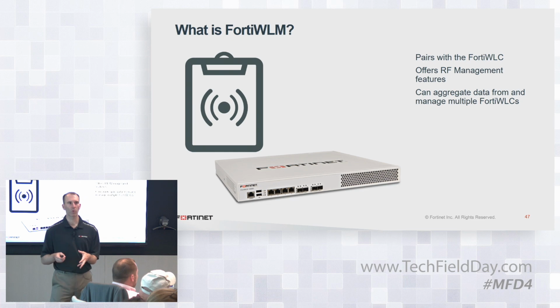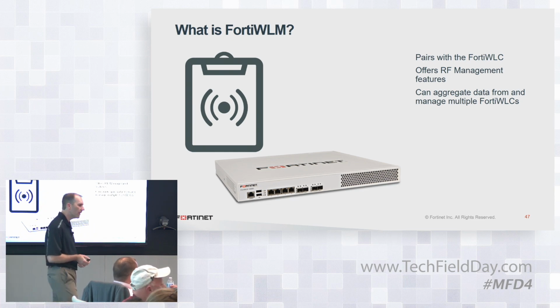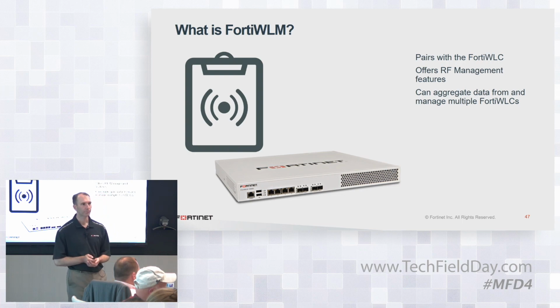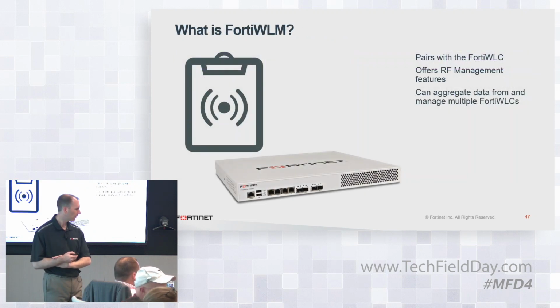The controller is very much about controlling the APs, configuration, etc. The wireless LAN management platform offers a lot of RF management features and tools at a higher level, particularly for managing more difficult RF environments. Is that the actual WLM, or the physical box on the screen?